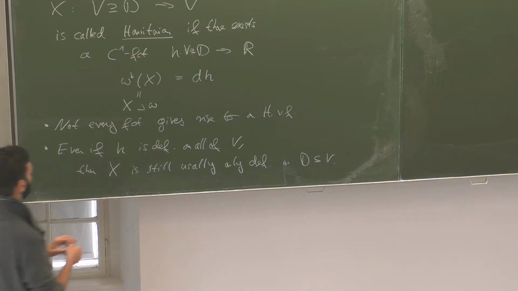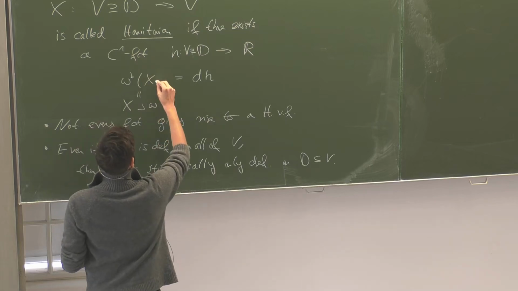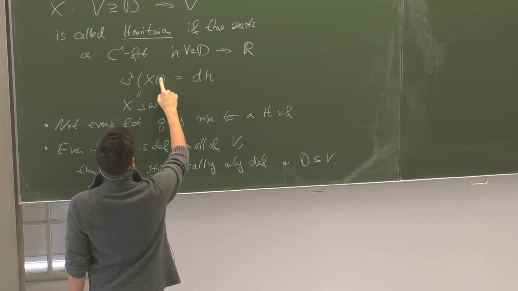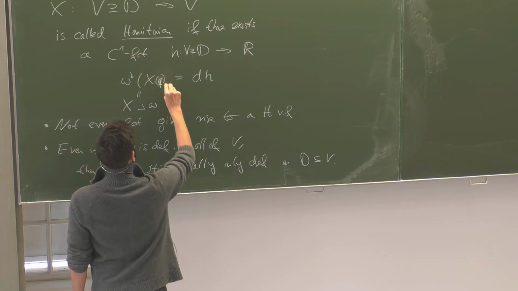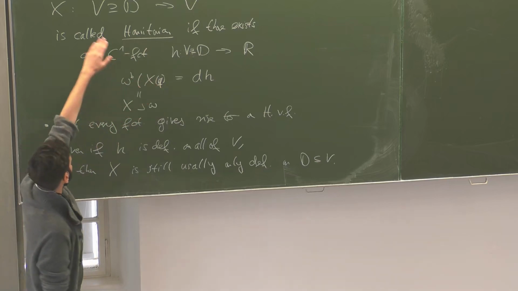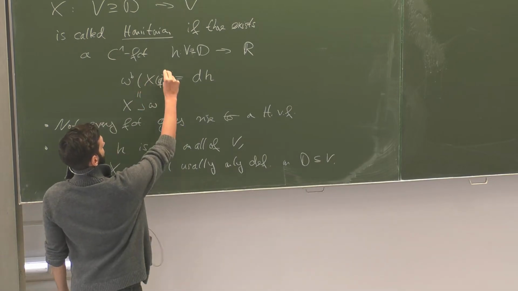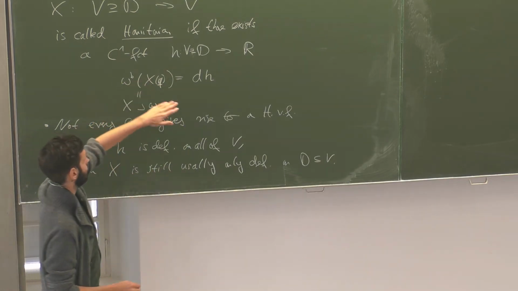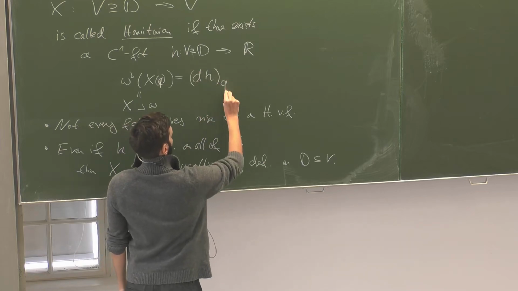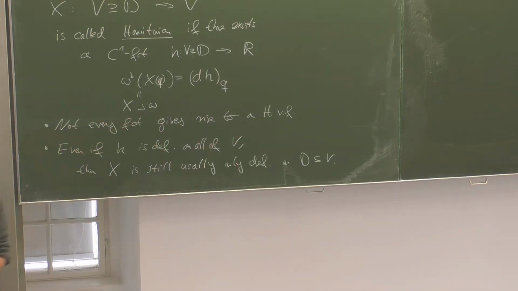Yes, so if I plug in Q, which is living in the domain, then I get an element in V. I plug that into the symplectic form to get something in the dual, and that should be the differential at that point Q. And of course, we could discuss in which sense it's one of the many different differential calculuses that you have once you go to locally convex spaces, but I don't want to start that.